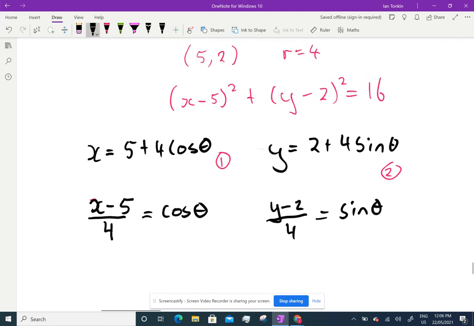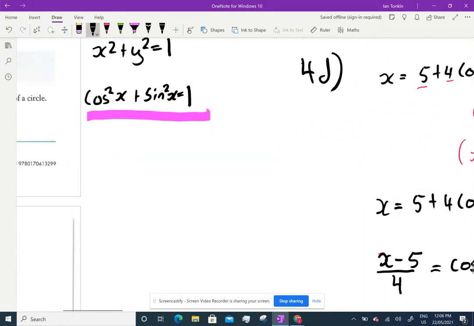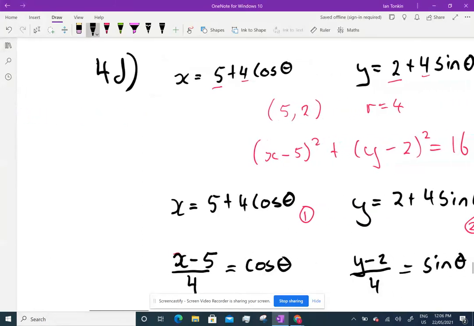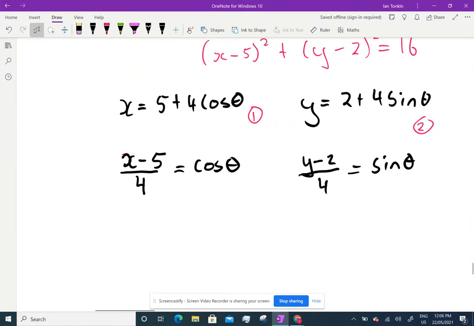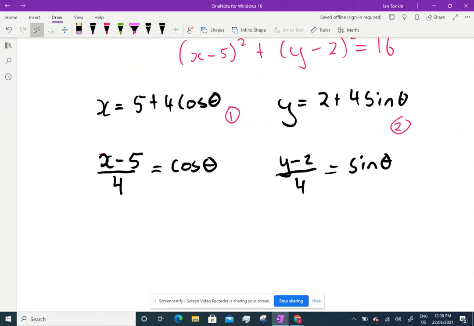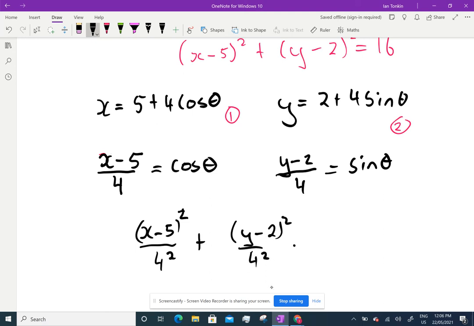But remember, we know our trig identity, cos squared anything plus sine squared anything equals 1. So therefore, to get rid of this, x minus 5 squared over 4 squared plus y minus 2 squared over 4 squared equals 1.